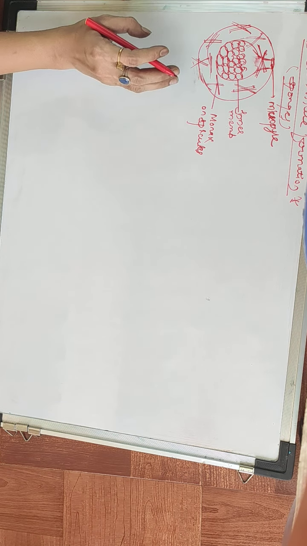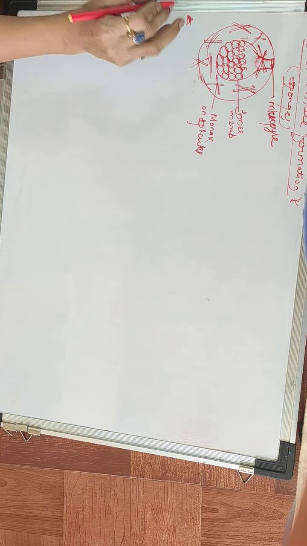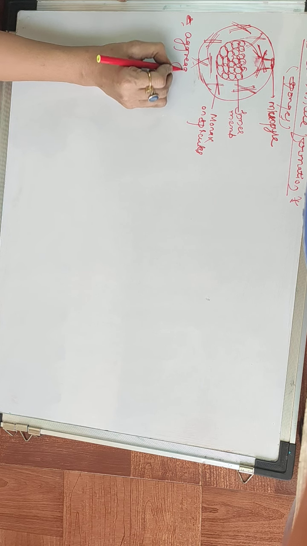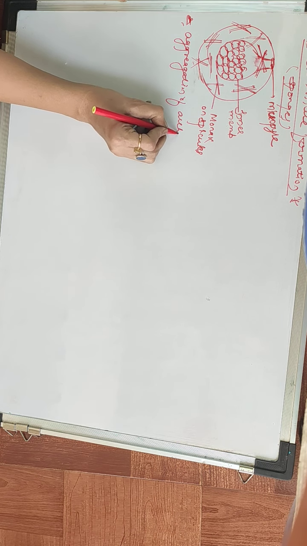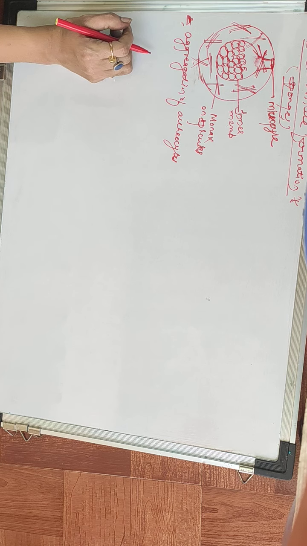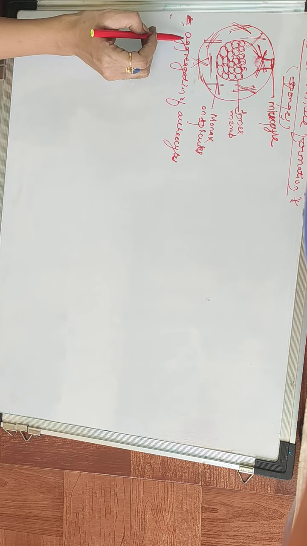Formation of gemmules takes place by the aggregation of archaeocytes. It is nothing but the aggregation of archaeocytes. Then you can see a layer of amebocytes.